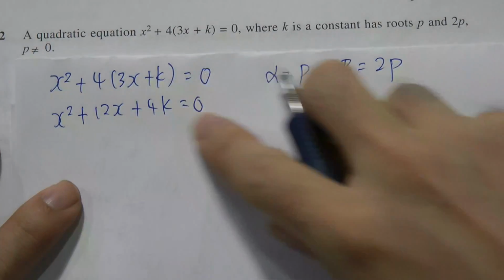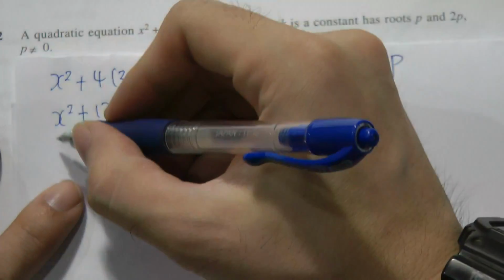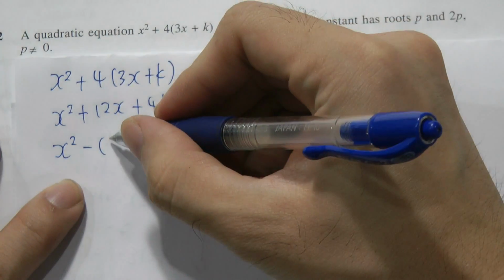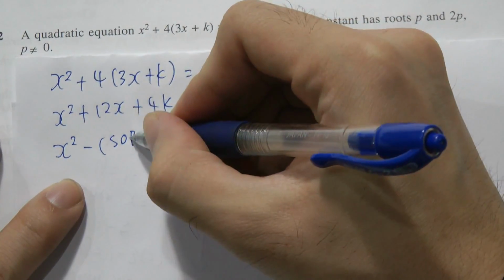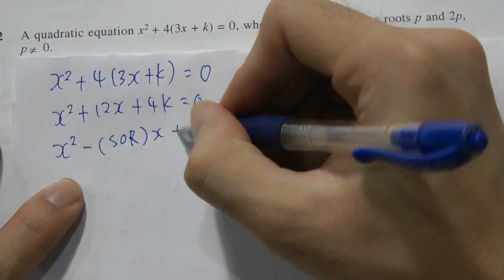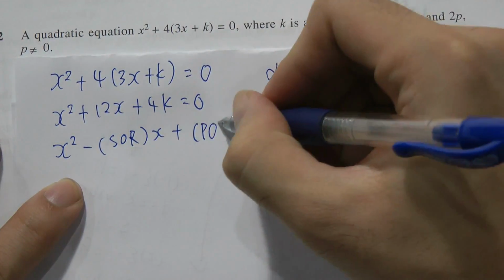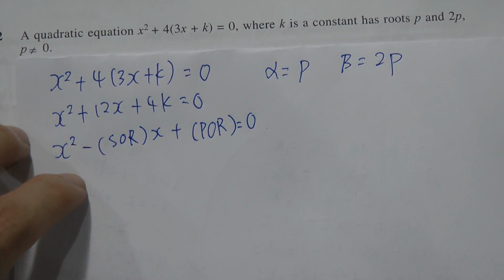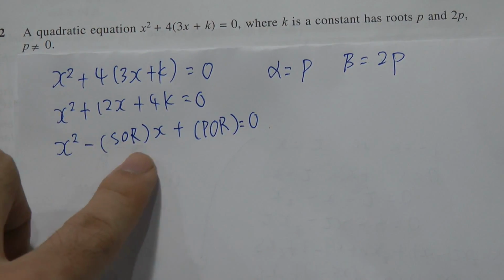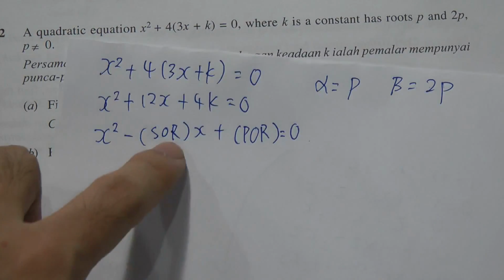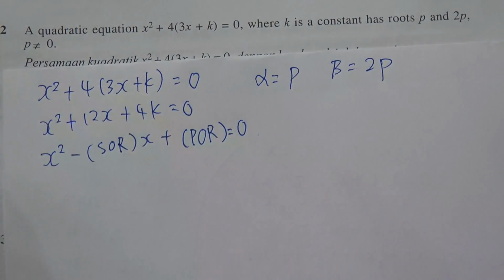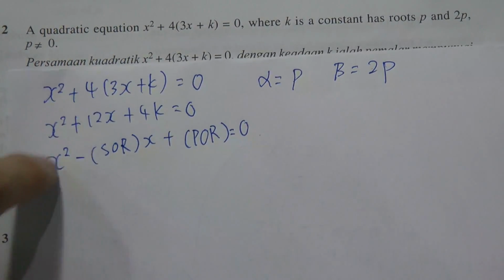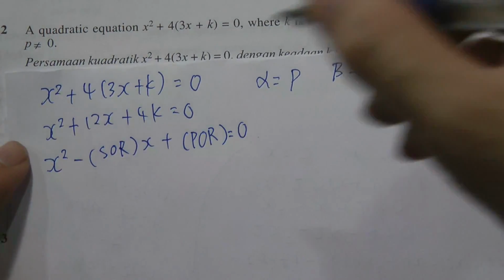And then I put it into the formula. Still remember the formula? x squared minus sum of roots x plus product of roots equal to 0. If you remember this formula, you can easily get the sum of roots. So how do I apply this equation into this formula? It's very simple.